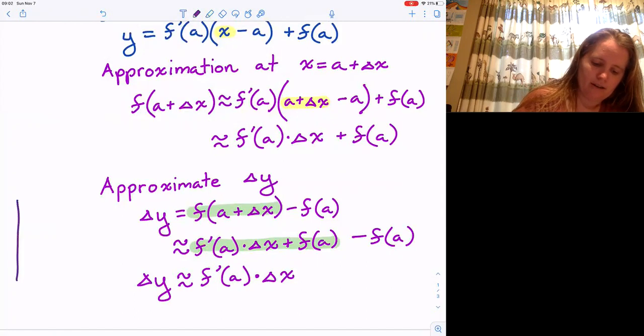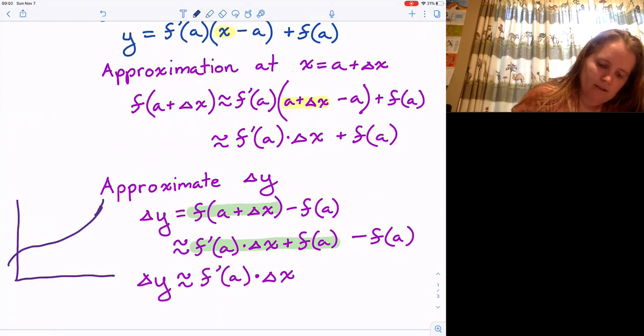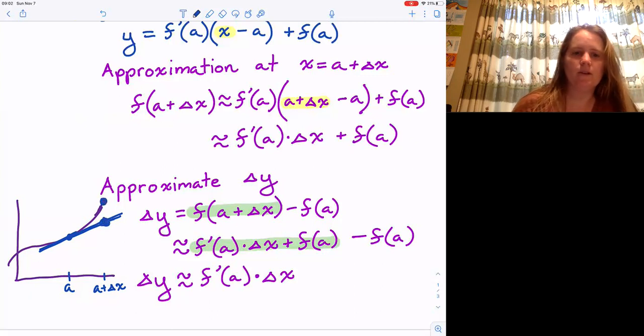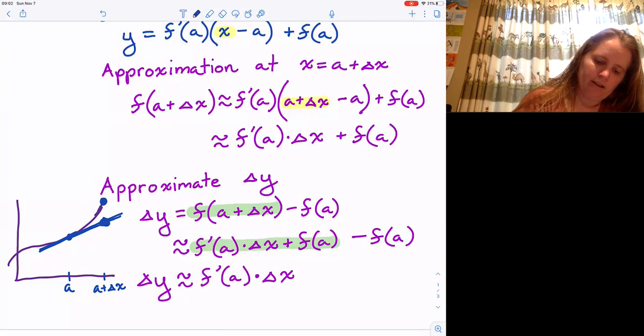So I did mention that I would draw the picture for this. So off to the side, if here is a, and then a plus the change in x, we do our tangent line approximation. And so here's what we found as our approximation versus the actual value. So change in y is this big distance here. The total distance is our change in y.